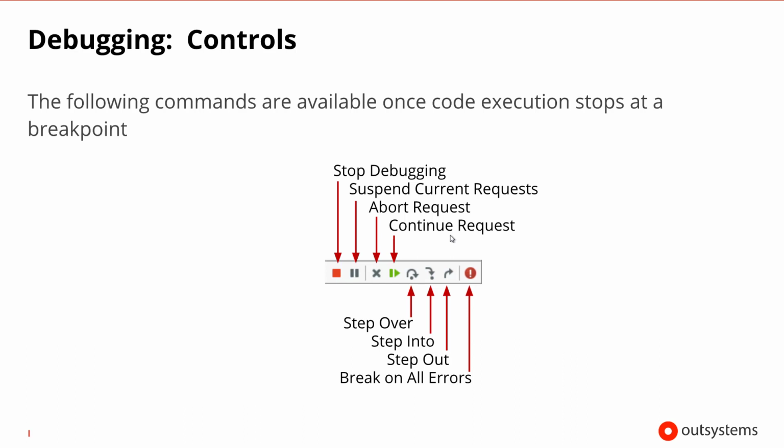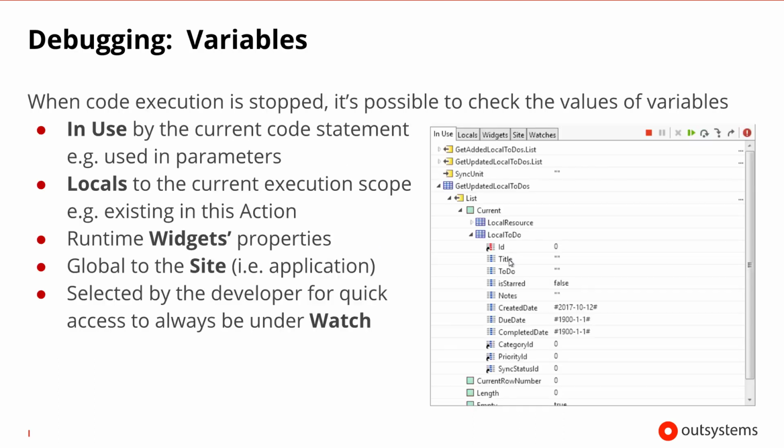If we'd like to keep more fine-grained control, we can also do a step over the code that we're currently working on, which will go to the next step, step into, which will go into the details of that step, or if we're in a lower level piece of code, we can step out of that code as well. Or we can ask it to go ahead and break on any error that occurs. So this gives us a number of different ways to control the overall debugging experience.